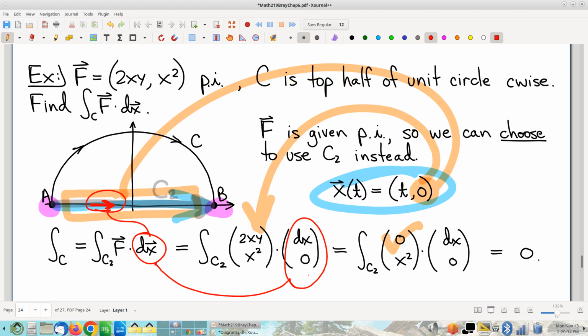There's no up. There's no down. Perfectly horizontal, which immediately tells me that this dy is 0. And so I have a 0 there. And so as I'm doing this integral, not only do I not have to deal with trig, I don't have to deal with anything. The dot product is immediately 0, game over, we walk away. Isn't that nice?